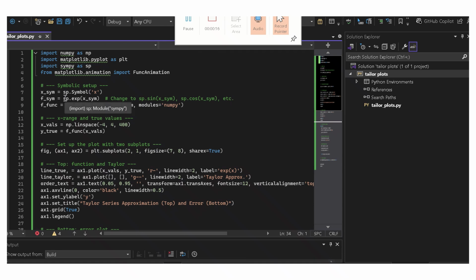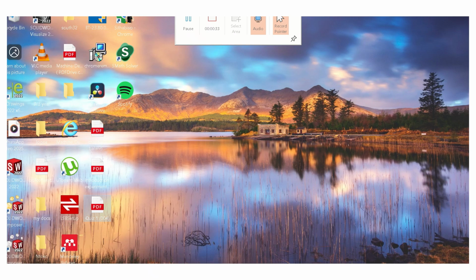I'm plotting this function versus its polynomial approximation, and you can see how the number of terms affects it.